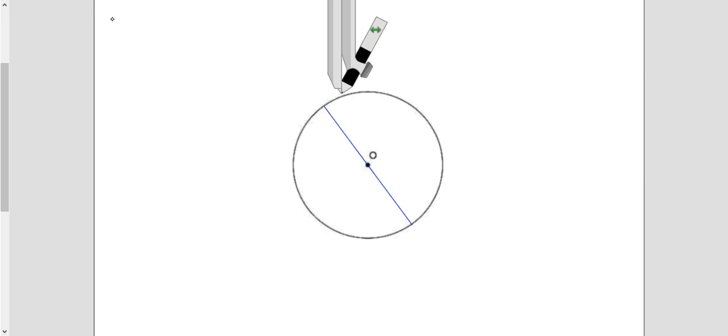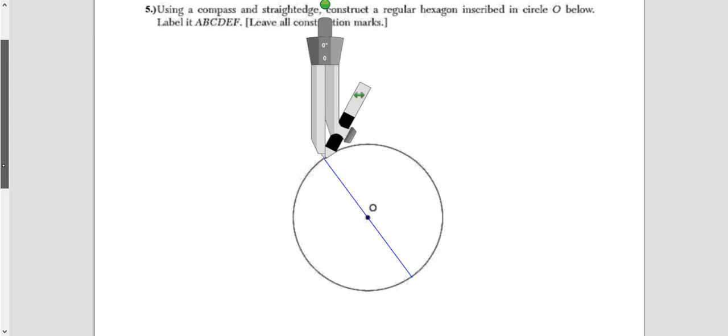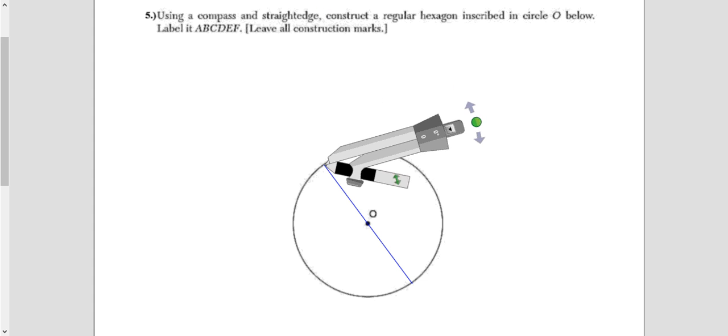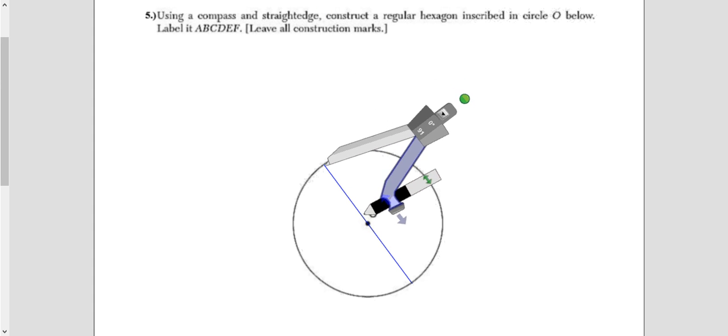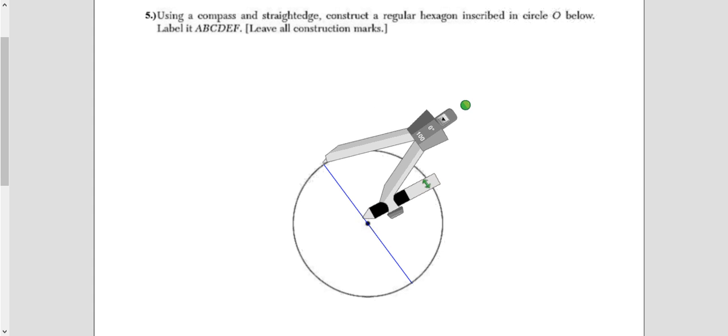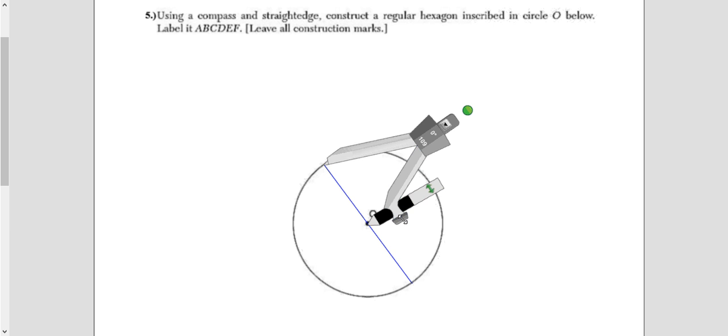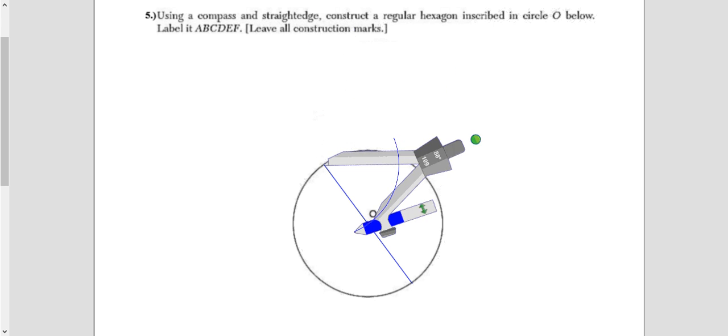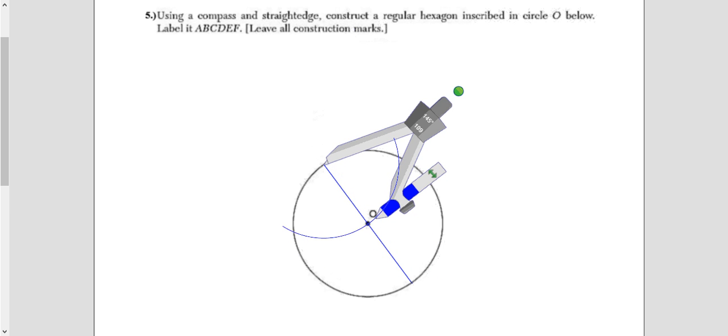Compass. Any size or no? Measurement of this, and then there's that part of the hexagon.